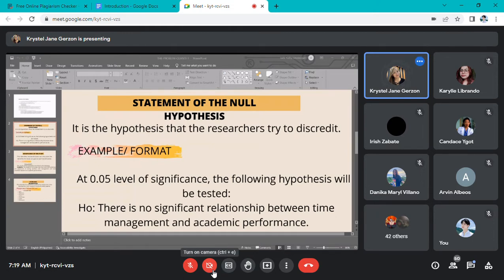Now, what you just need to take note of is that we are going to have the null hypothesis, meaning it is actually the negation of your original assumption.